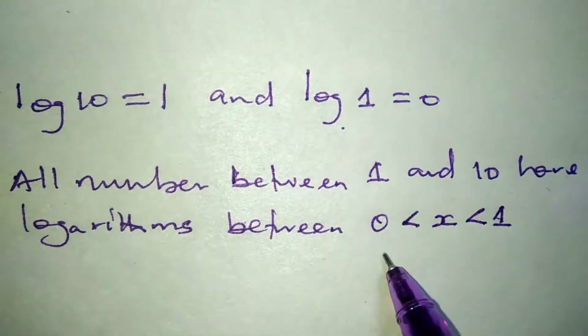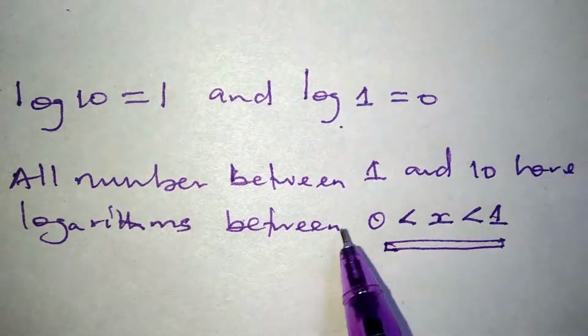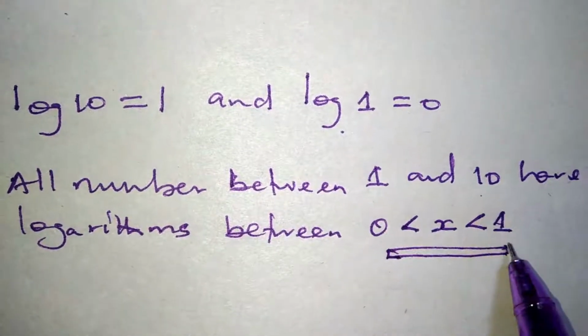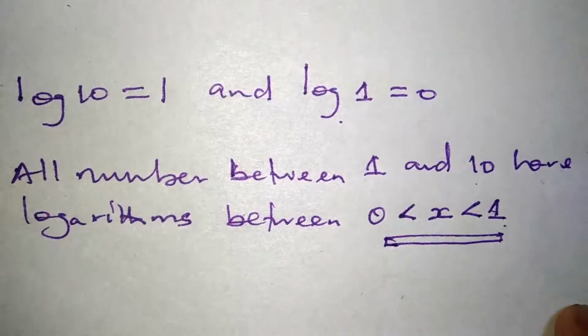So all numbers between 1 and 10 have logarithms that lie between 0 and 1.